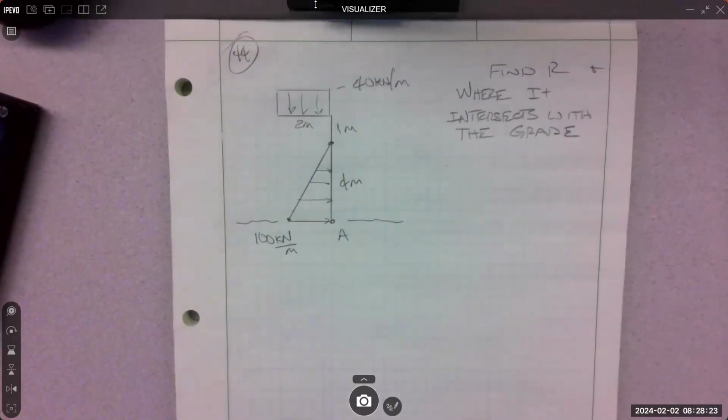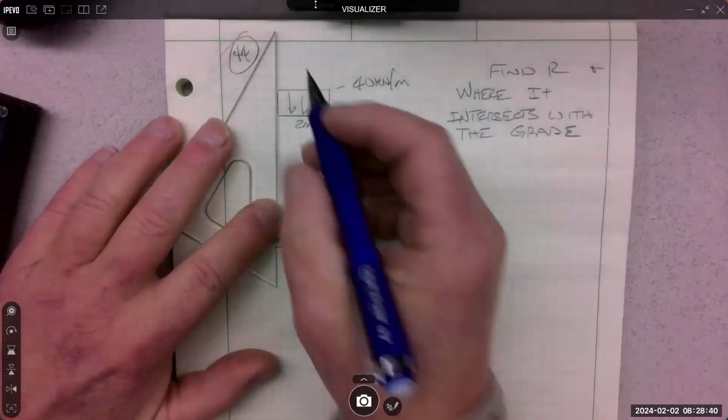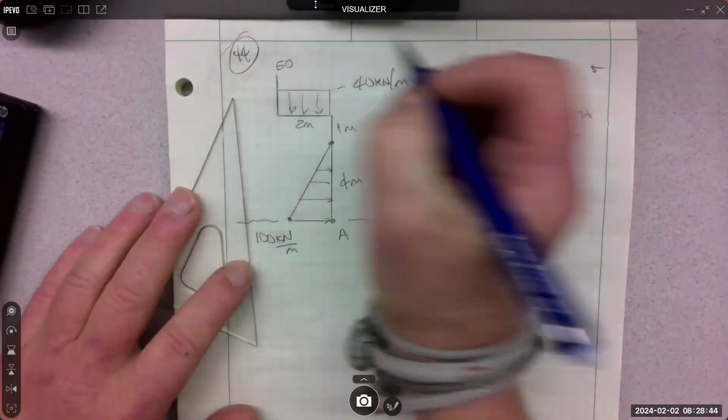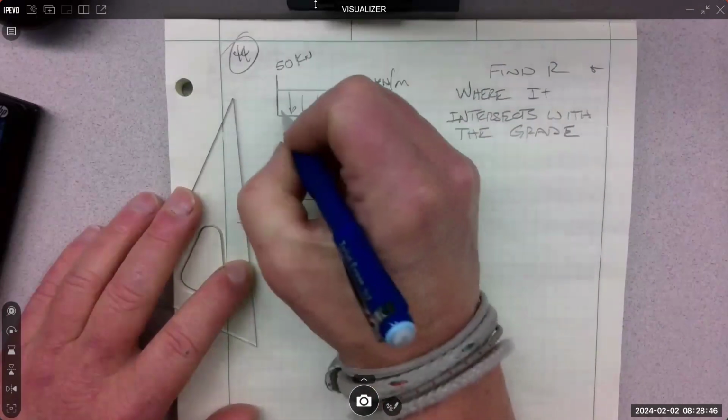So statics, the first thing we do, yeah. Am I missing a concentration? 50 goes down on the left, at the end of 2 meters? Yeah. Aha. That's important. Down. 50 must be kilonewtons.